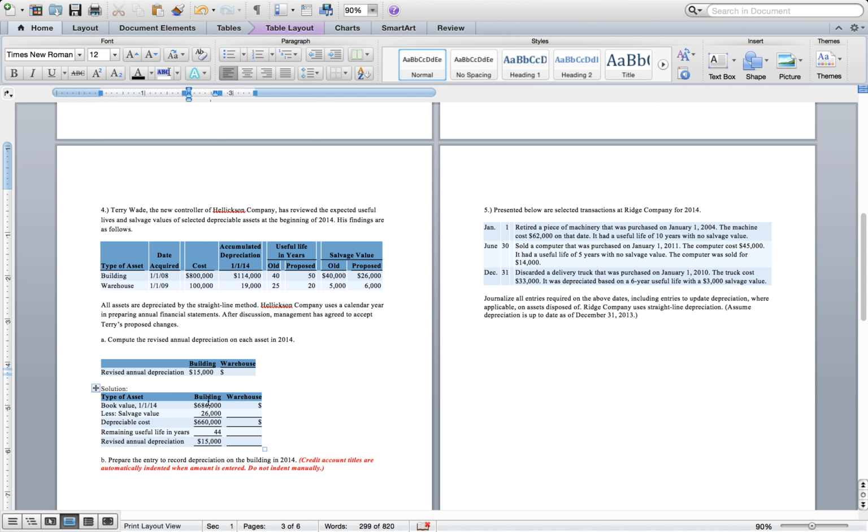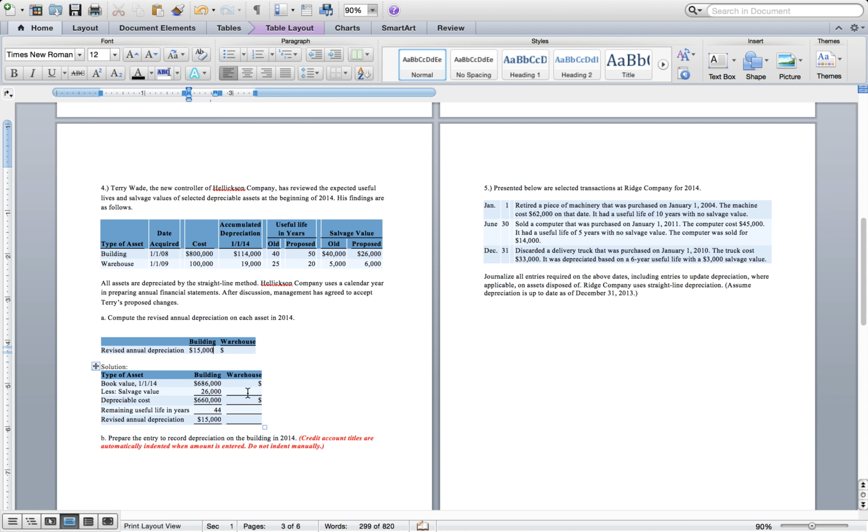Right. Now let's do the same thing for the warehouse. Again, its book value: start at 100,000. The cost accumulated so far is 19,000. So take the 100,000 minus 19,000, leaves you with 81,000. Salvage value here is going to be 6,000. Take out 6,000. So what's the depreciable cost?